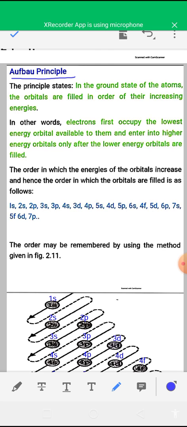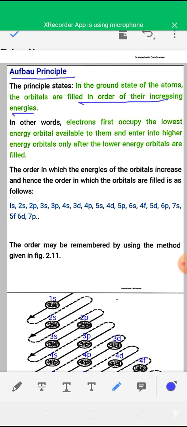This principle states that in the ground state of atoms, the orbitals are filled in order of their increasing energies. That means electrons will enter the lower energy orbital first, then the higher energy orbitals.